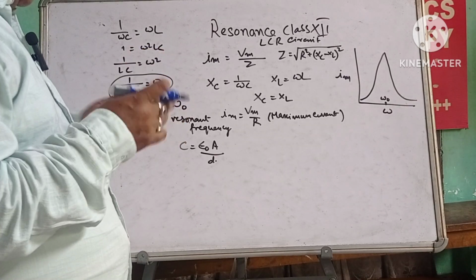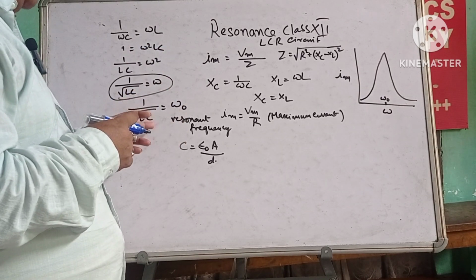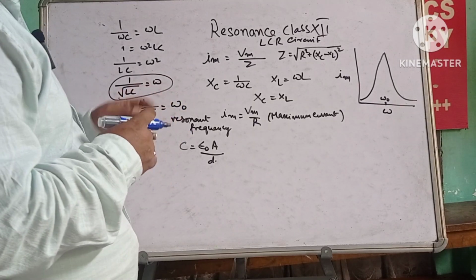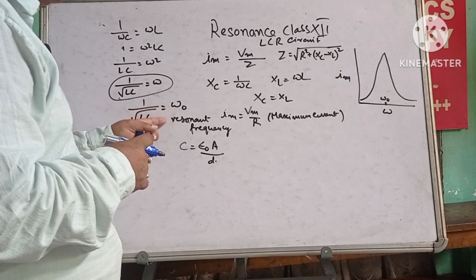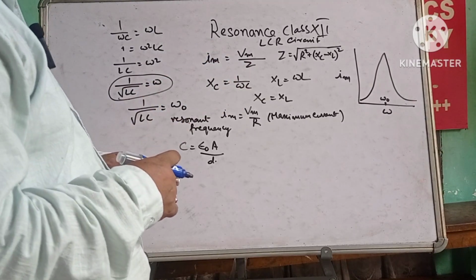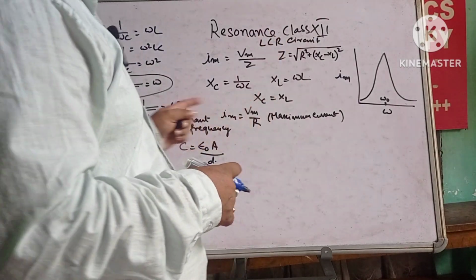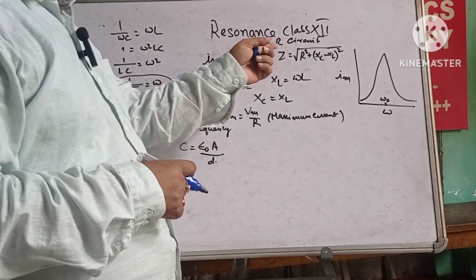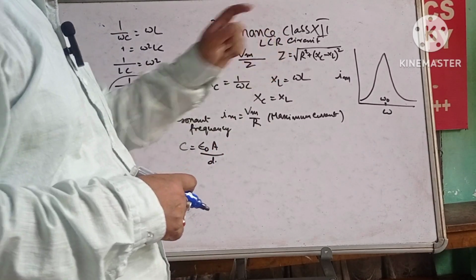So by changing the area of the plate, we can change the frequency of the circuit. This is the frequency of the LCR circuit. So this LCR circuit has its own frequency.